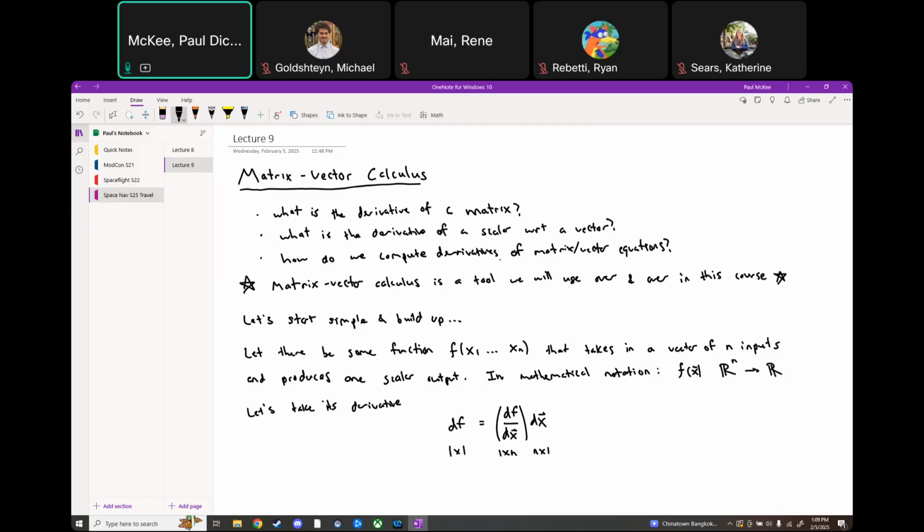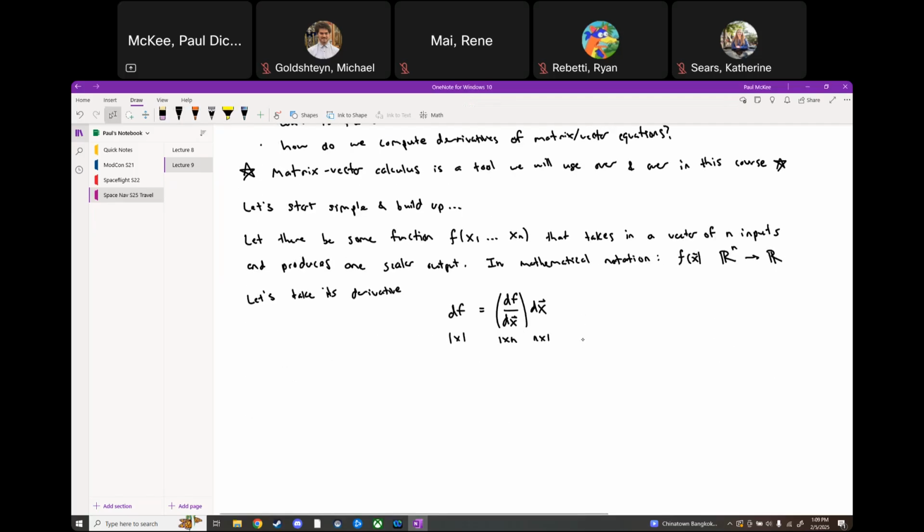Now, we could also write this out a little bit. The differential of f is what? Well, these are partials. It's the partial derivative of f with respect to x1 all the way to the partial derivative of f with respect to xn. So you can imagine taking n partial derivatives of this function.